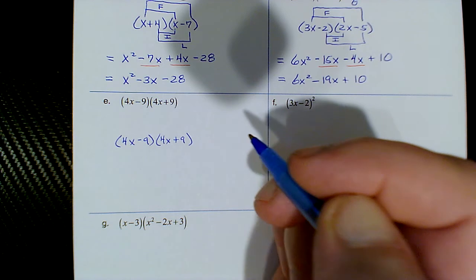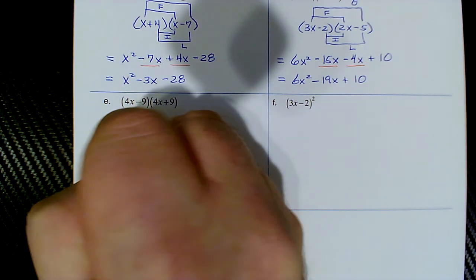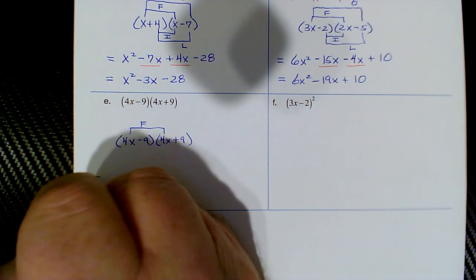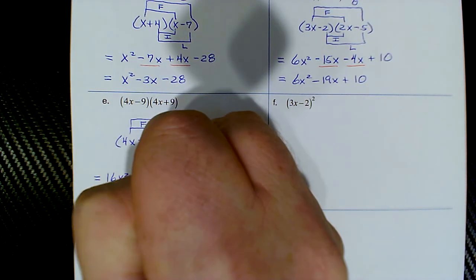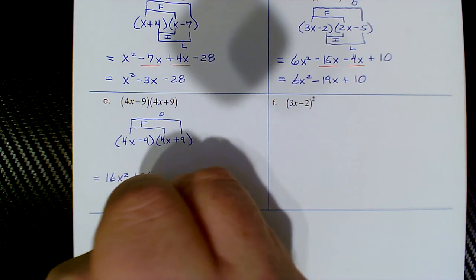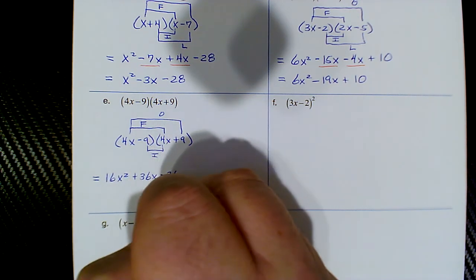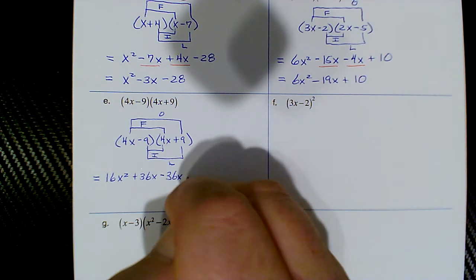That is, we take the product of the first, and we get 16x squared, product of the outers, plus 36x, product of the inners, minus 36x, and the product of the last gives minus 81.